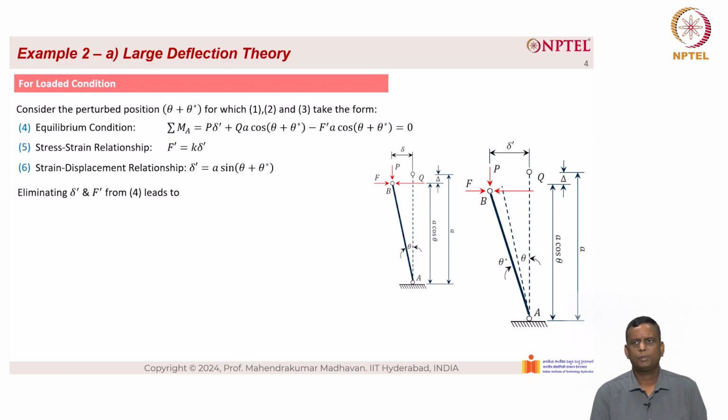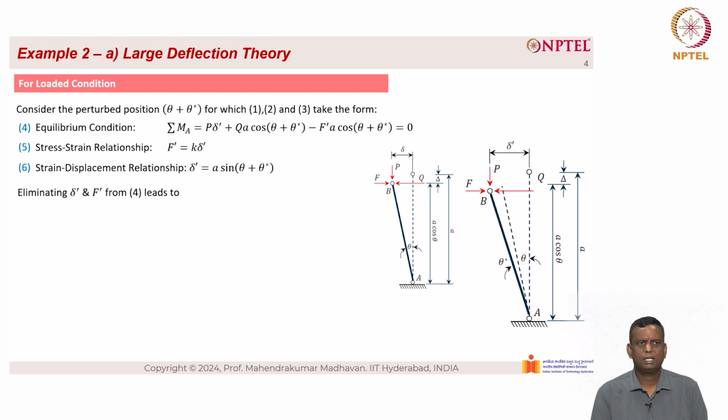As you can see from the picture on the right side, in the equilibrium position, due to the perturbation of the loads, the displacement of the rod moves from theta to theta plus theta star, and the lateral displacement moves to delta dash. So the strain displacement relationship is delta dash equal to A into sine of theta plus theta star.